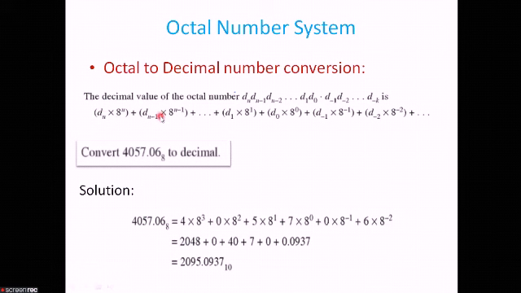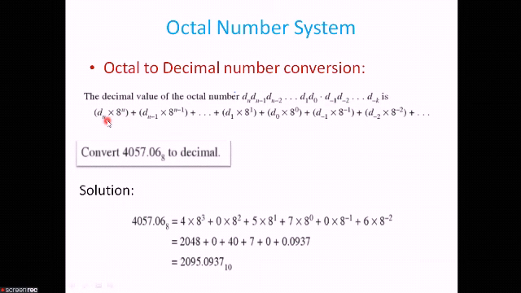See, what I've said is being done here. The decimal value of the octal numbers, I've taken it as dn, starts from dn and it ends at d subscript minus k. All these denote the decimal values of the octal numbers. So what you can do is just multiply it by the positional weight.